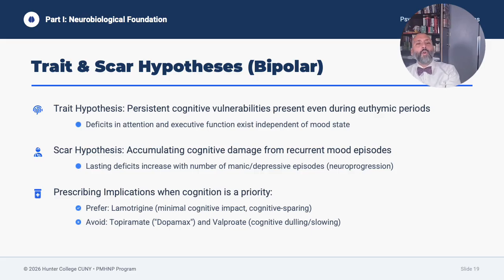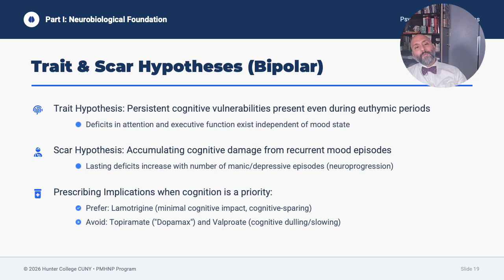You want to use caution with drugs like topiramate, because Topamax, also known as Dopamax sometimes for a reason, and valproate, especially at higher doses. These agents can slow processing speed and impair word finding and worsen executive function. Even if the mood is controlled, patients may feel stable but dulled.